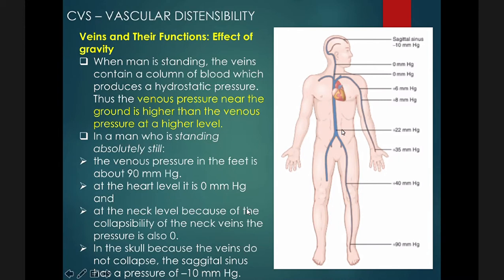In the abdomen, because of compression of a lot of organs, the inferior vena cava will be compressed, especially during pregnancy because of the baby expanding uterus, mako-compress yung inferior vena cava. So somehow, because of that compression, the pressure will rise up to 20 millimeters mercury.